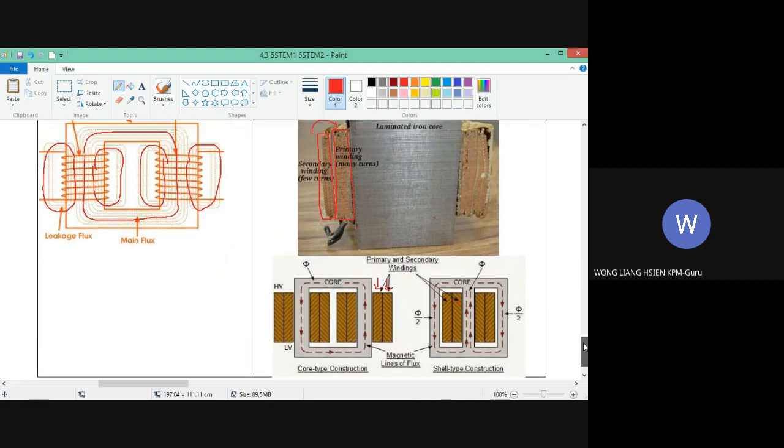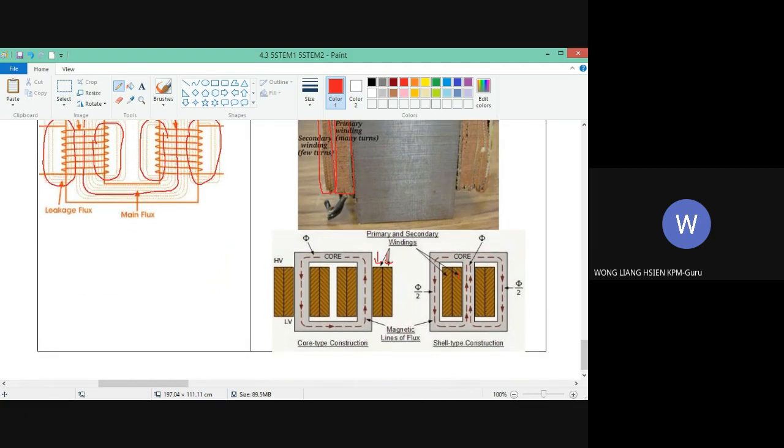Any question until here? Until here we discussed all four causes for the loss of energy in a transformer, and also the ways to minimize them. Remember, you cannot say that it totally prevents the loss of energy as heat.